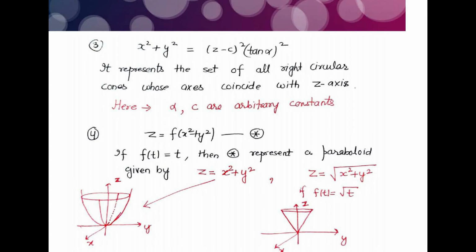So we can say that this star, depending upon how we are defining this function f, whatever is the formula of that function f, for example I took t, then I took root t, x and y are always appearing in the form of x square plus y square. So whatever is this surface, it is always symmetrical about z-axis.